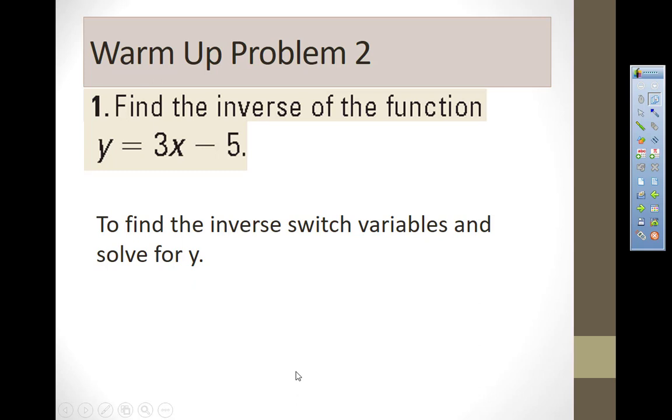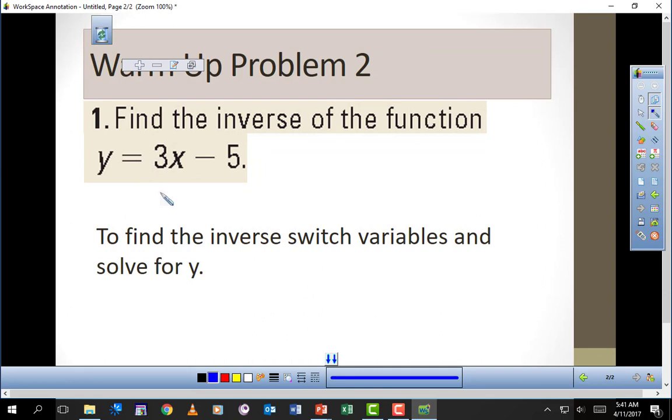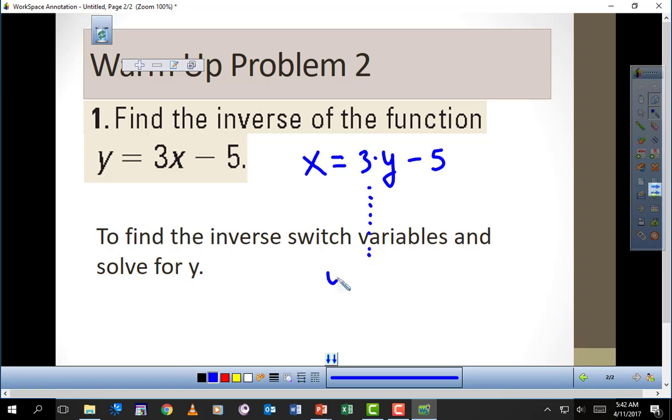Find the inverse. Well, as you might recall from the previous chapter, like in chapter 3, we found out we can find an inverse by switching the variables. So in this case, I'm not going to do it all for you, but you start out by switching the variables. So you're going to have x is equal to 3 times y minus 5. And then the idea is to solve this equation for y.